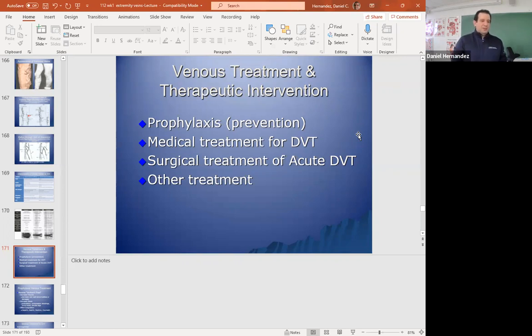So if we know a patient has a history of DVT or they're high risk for developing DVT, say they have factor V Leiden, for instance, that hereditary clotting disorder, these patients would typically be on some sort of prophylactic anticoagulation or medication to prevent deep vein thrombosis from forming in the first place. There are medications that are administered for medical treatment of DVT. There are some surgical interventions for the treatment of acute DVT.